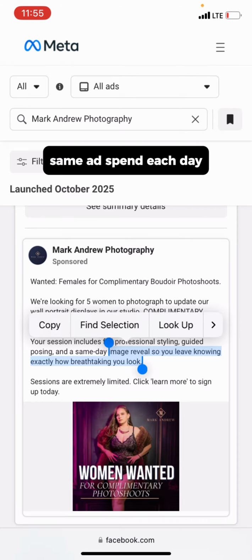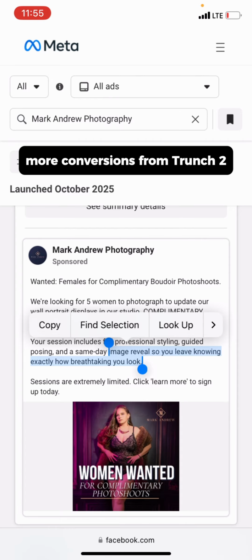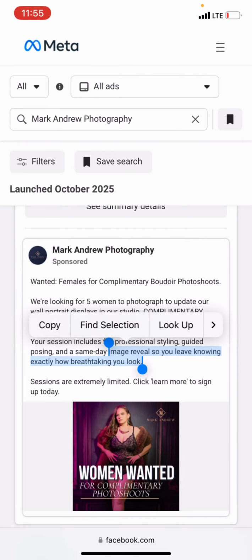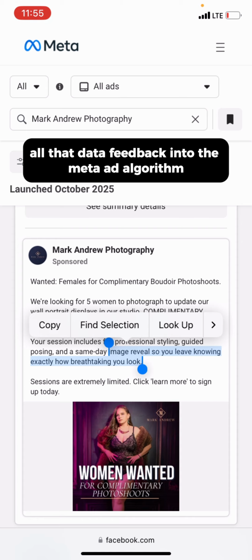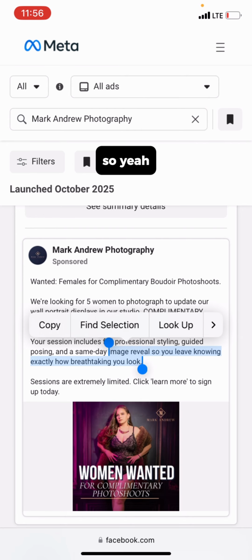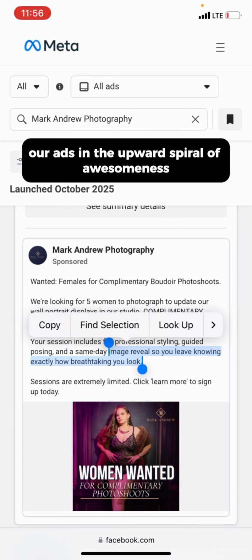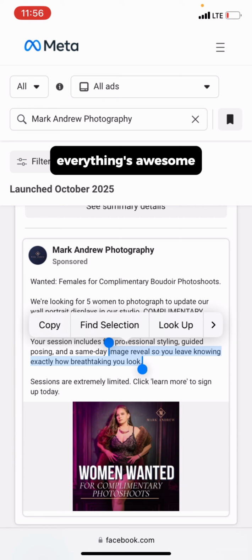Same ad spend each day, but we're getting more results each day. More revenue, more sales, more conversions from Tranche 2. All that data feeds back into the Meta ad algorithm. We go to better profiles, Tranche 3, same ad spend, even better results. So we're growing, the ad's sustaining and scaling, we're scaling the business. Our ad's in the upward spiral of awesomeness, everything's awesome.